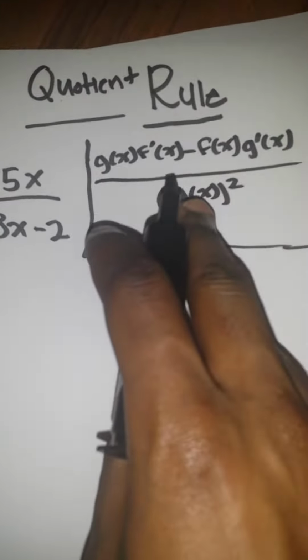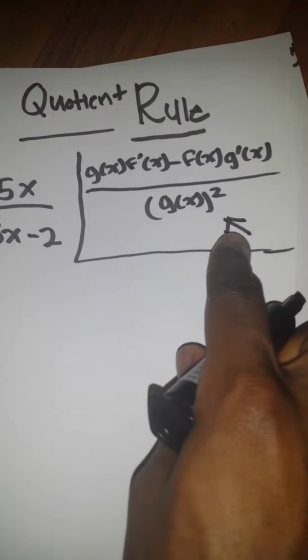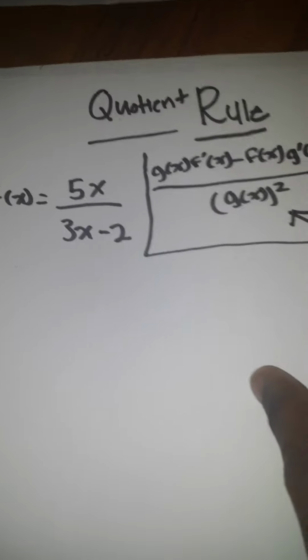And that right there is the quotient rule. That's the special rule that you use.